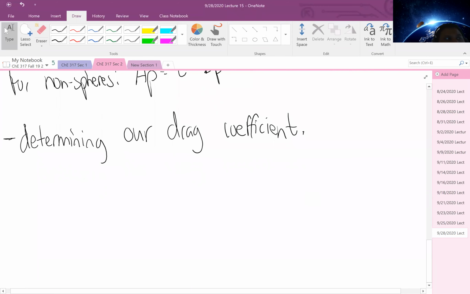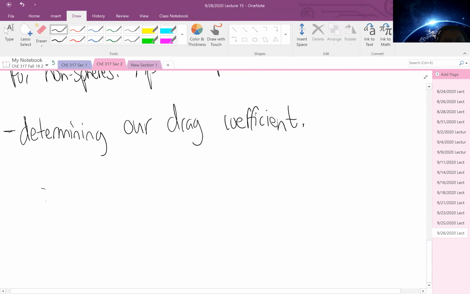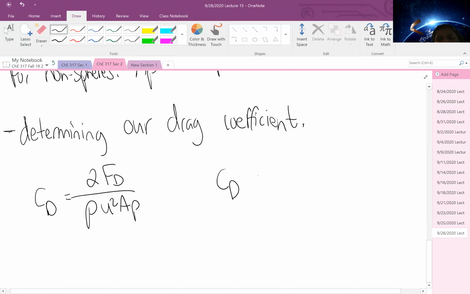Rearranging our drag force expression, we can identify that our drag coefficient is 2 times our drag force divided by density, velocity squared, and our projected area. And we find that the drag coefficient is largely a function of 2 items, one being phi or sphericity, and 2 being the Reynolds number in our system.